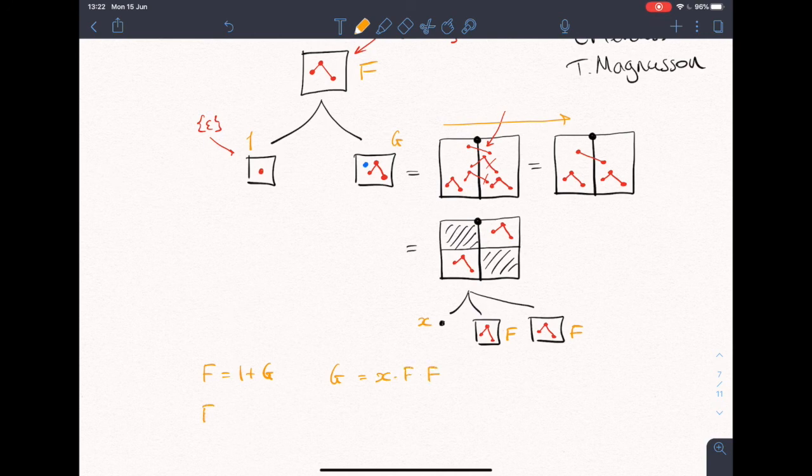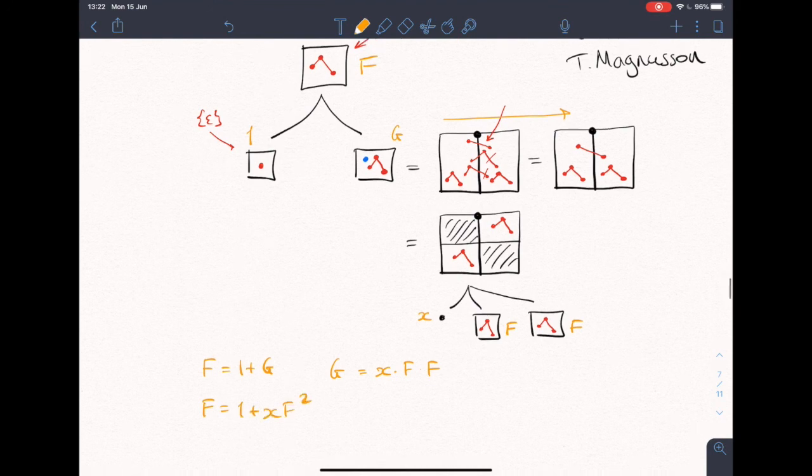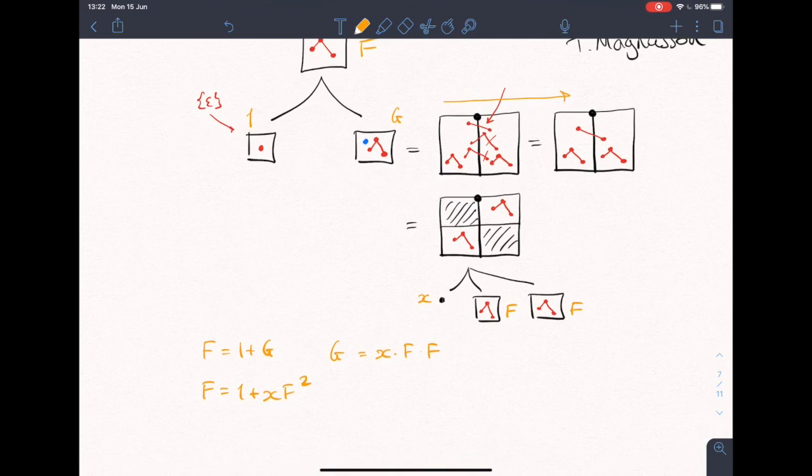Let's put that together. We have f equals 1 plus xf squared, which we can write in the usual form of a quadratic equation, 1 minus f plus xf squared. If we solve this, we get 1 plus minus the root of 1 minus 4x, over 2x.